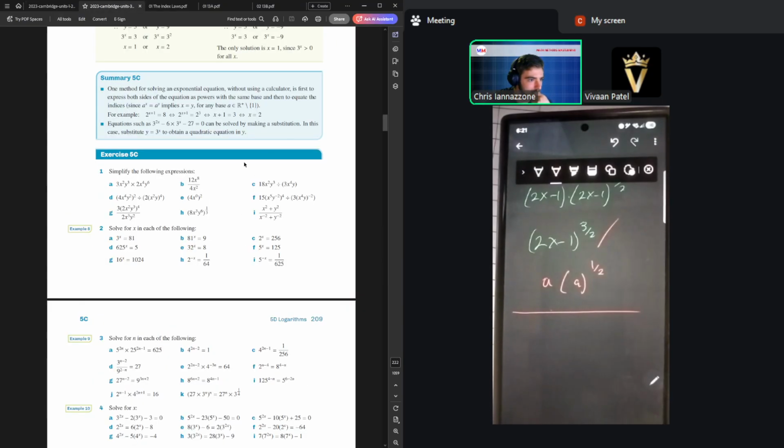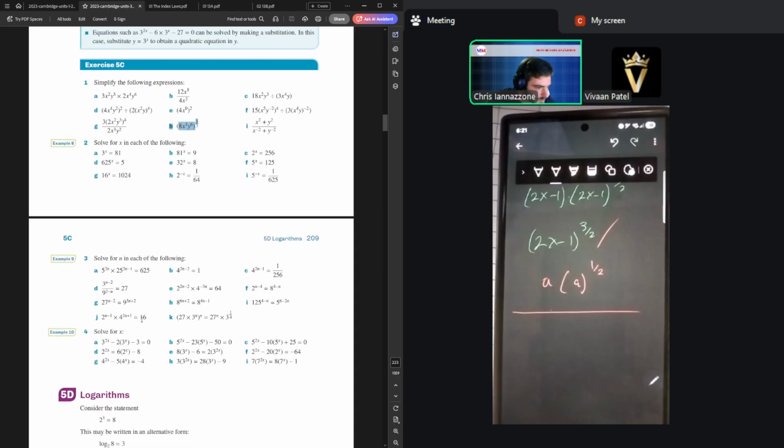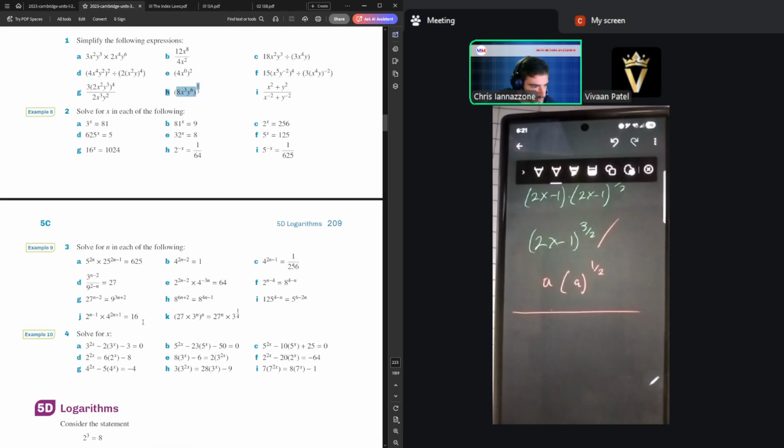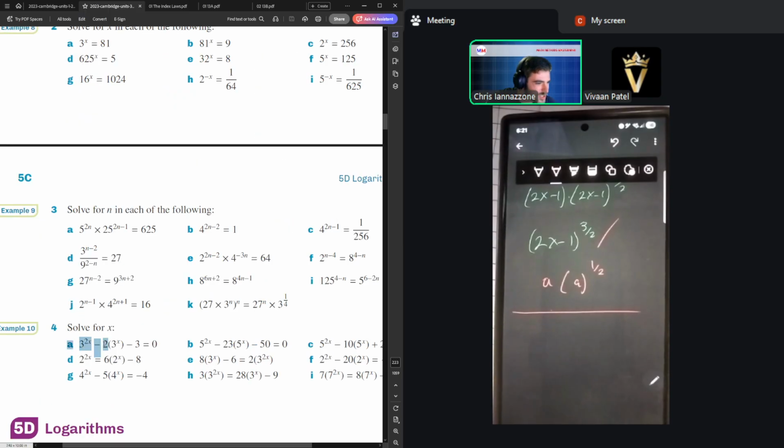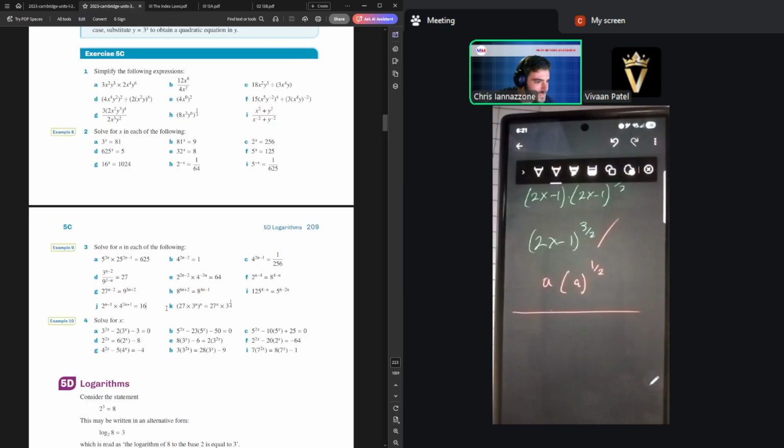Cool. How about this one? This got anything fun in it? Not really. It's pretty easy there. You know what? Maybe I could even show you one more thing. Oh, no, actually I can't, because this is not really index law stuff. This is solving full exponentials. That's a bit different.